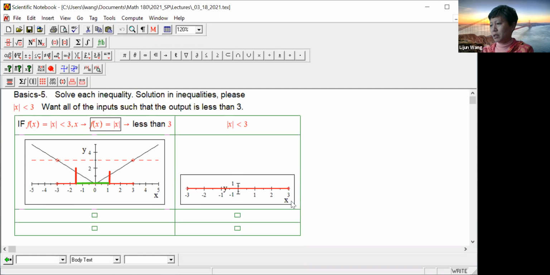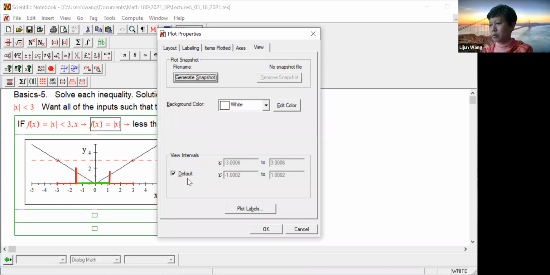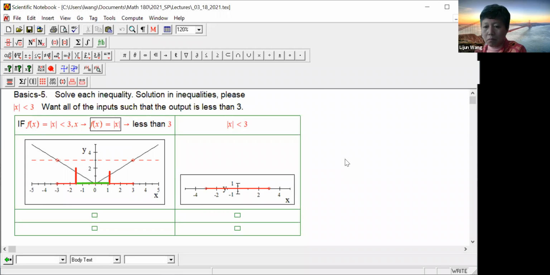I'm going to make a little adjustment here so they look more comparable. -5, +5. Input, output. So you can see these two pictures do agree, whether you use just the number line or this function perspective.